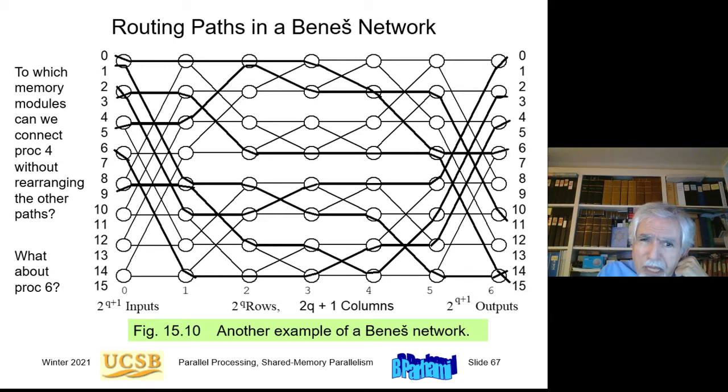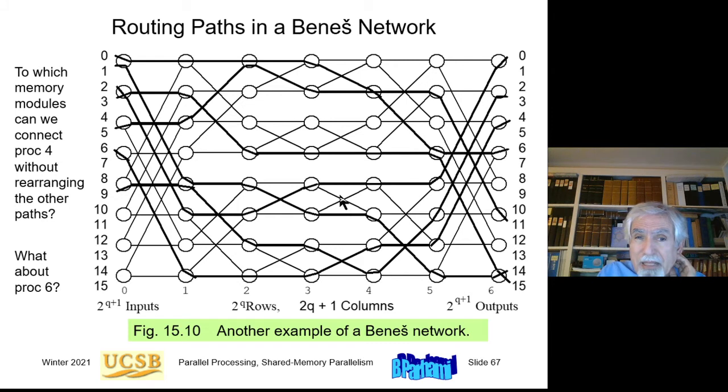Well, I can't go straight through because this link is already being used, and this link is being used. So I can't go to here. Maybe I can go to here, because then I can deflect. So I have to try various paths. And even though this is a permutation network, I may not be successful in establishing this new path.